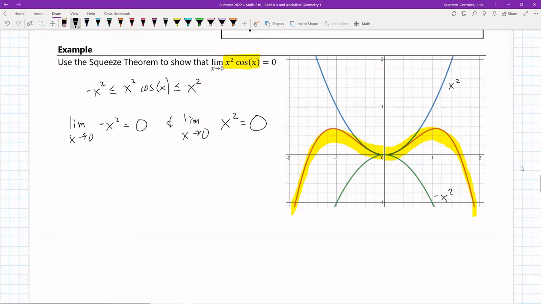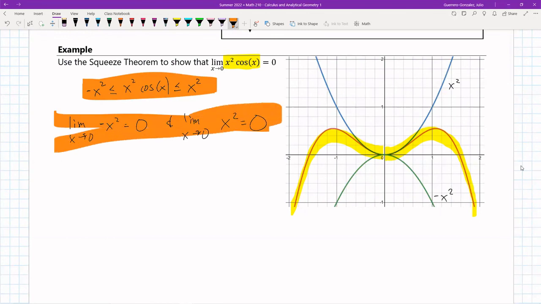Okay, so because of these two things, we are squeezing our function highlighted in yellow, x squared cosine x, from above and from below using these two functions.